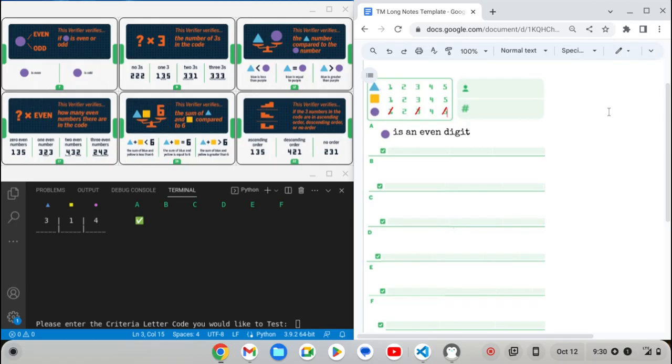Okay, so let's see, what else can I test? We do have the card that tells us how many 3's we have. Well, let's see. We know we can't have 3 3's, and that's because if you have 3 3's, you'd automatically have 0 evens. And that would make this card irrelevant. So we know we can't have 3 of them. But you could have 2, 1, or none.